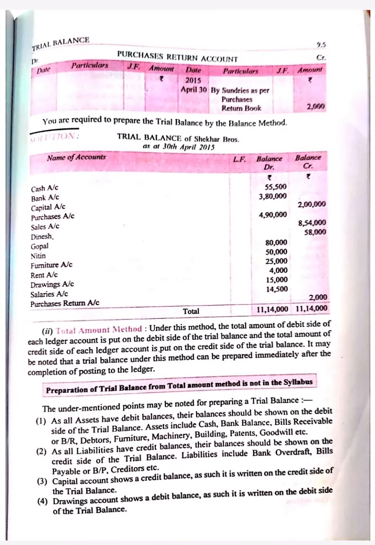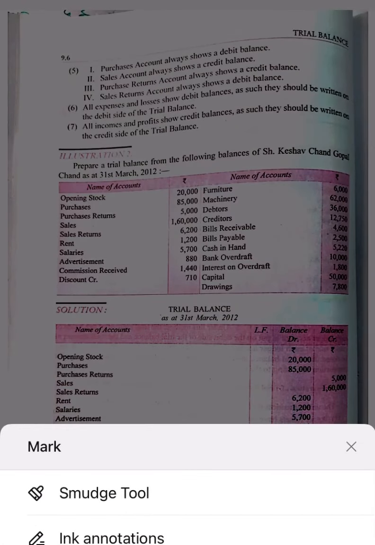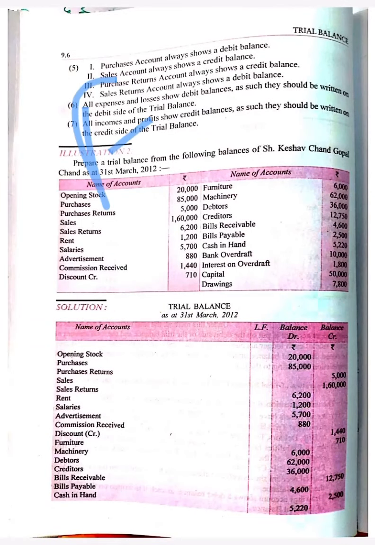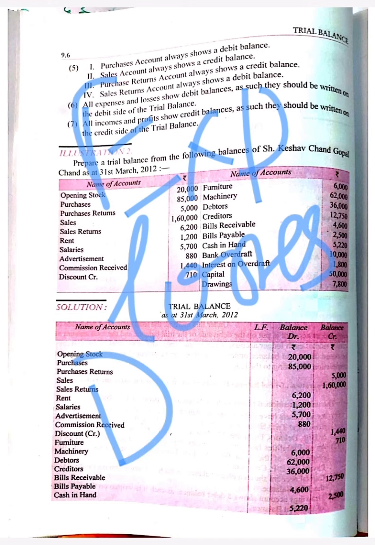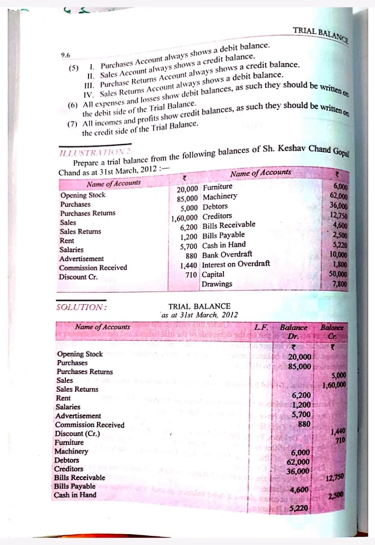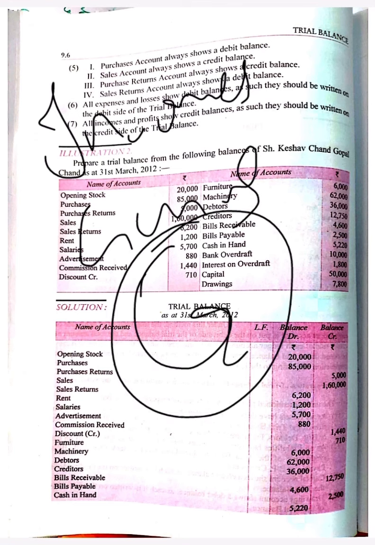Now we will discuss some illustrations: which things will come in debit and which things will come in credit. So first of all, the expenses and losses will come on the debit side. Mark my words, all expenses and losses will be on the debit side, and all incomes and gains will be on the credit side.